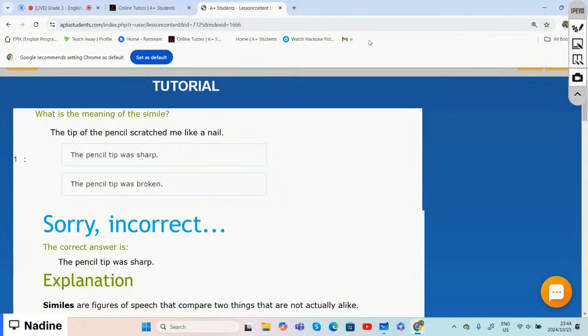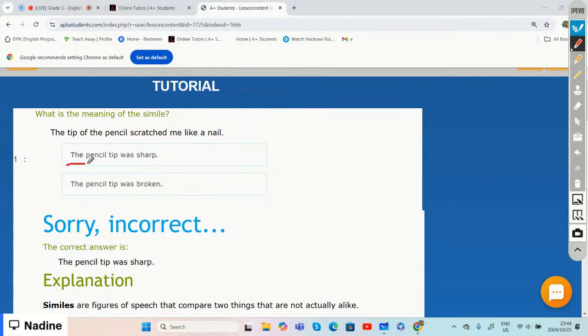If we were to choose the correct option, yes, if the pencil scratches you like a nail, then it means that the pencil tip was sharp.